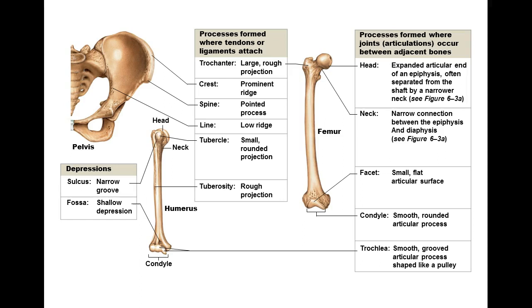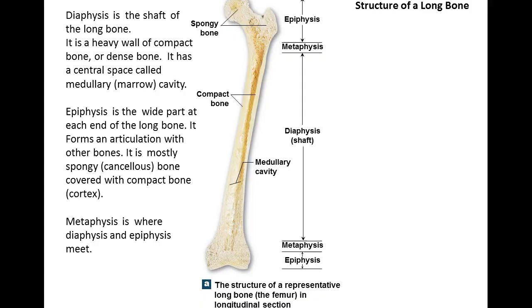A condyle is a rounded process, and again we associate all of these with articulations, with joints where bones come together. And then a trochlea, particularly with regard to the elbow joint, where the design looks like a pulley, I hate to say the word pulley, but the elbow joint doesn't function like a pulley.